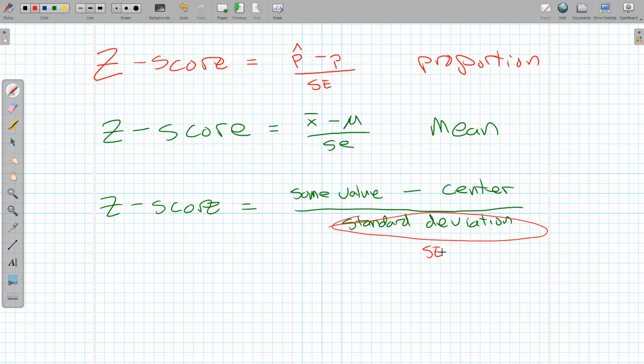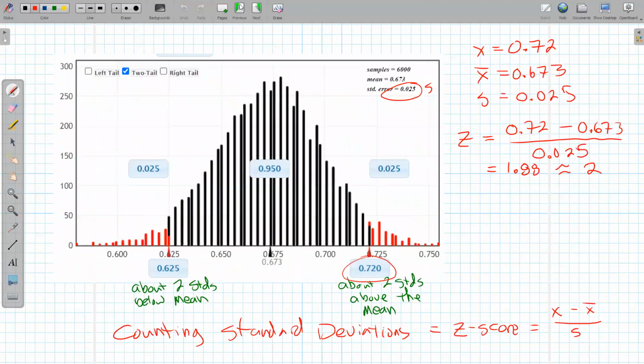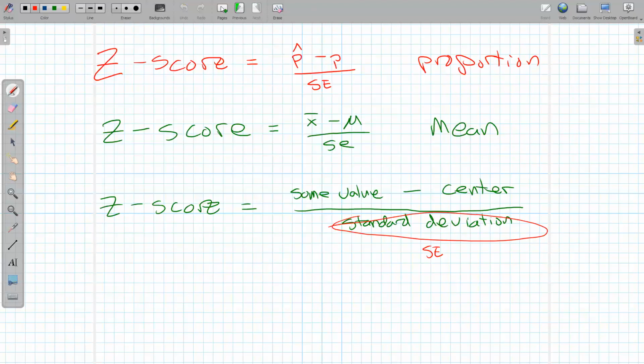So what I want to do is check on a normal calculator to see if I get similar numbers to when we run a StatKey simulation. So we're just going to go back and look at a different example. Actually, we can do this one right here. So we can take these numbers right here and I'm going to sketch it out.